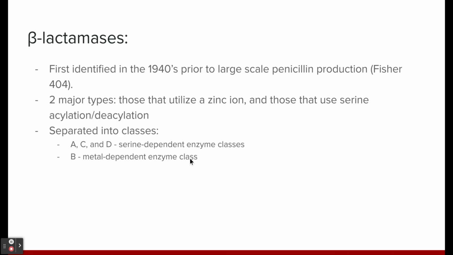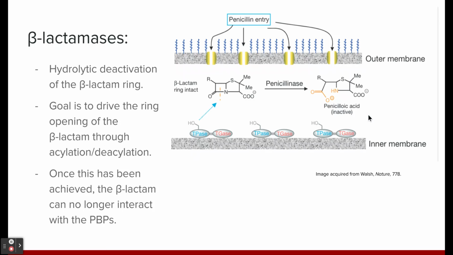Then we also have a metal-dependent enzyme class, which mainly utilizes a zinc ion. The goal of these beta-lactamases is to deactivate the beta-lactam ring through hydrolytic deactivation, an acylation and deacylation of this ring here.